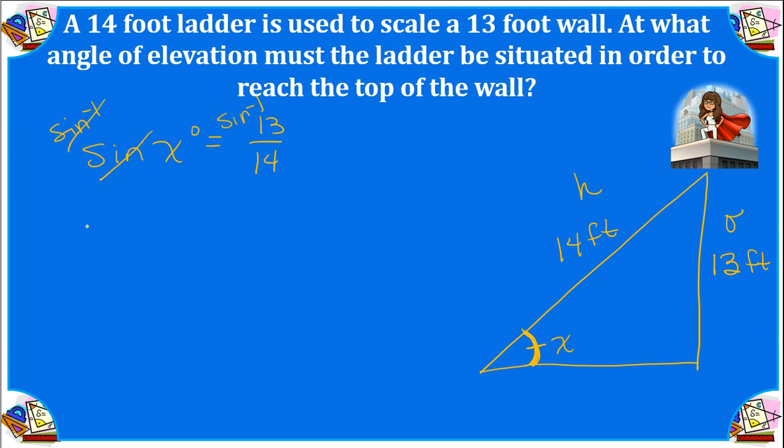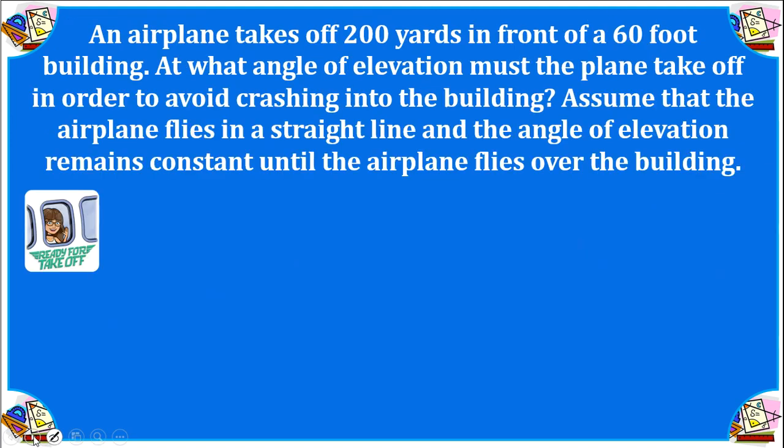And x is going to be equal to the inverse of sine of 13 over 14. So second sine, use your n over d feature, 13 over 14, and we get about 68.2. So we will just round to the nearest degree, so 68 degrees.